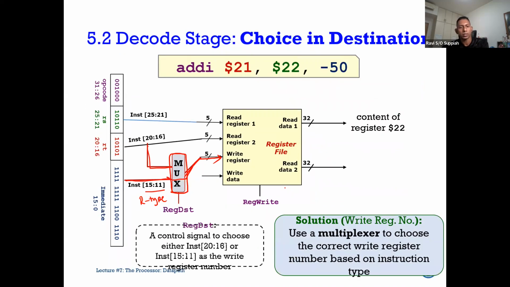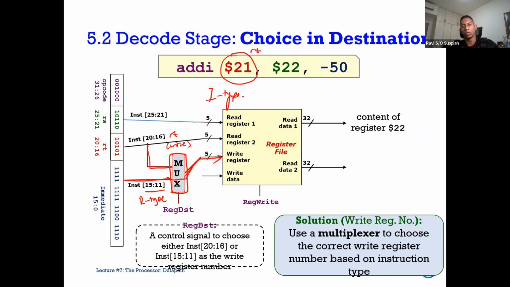But for I-type instruction, the 20 to 16, this is your RT register. So that is the one that is actually the write register in this case. So that is the one I want to go through to be the write register.